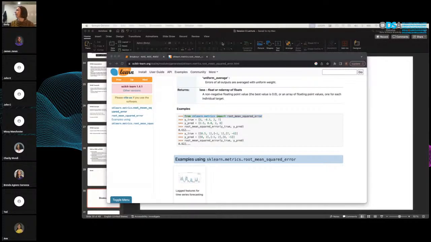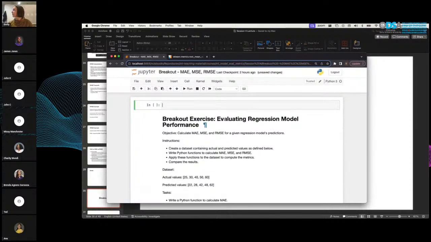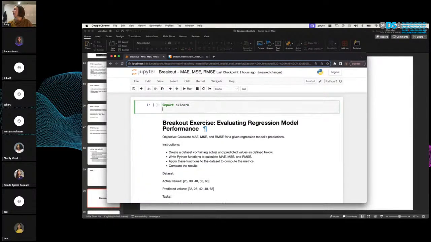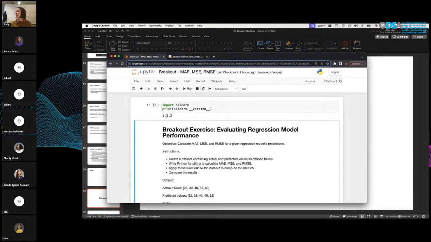To check your sklearn version, you can import sklearn and print sklearn.__version__, hit enter, and it'll print. You can see I don't have that version either. I'm at 1.3.2, so I would need to upgrade my version of sklearn.